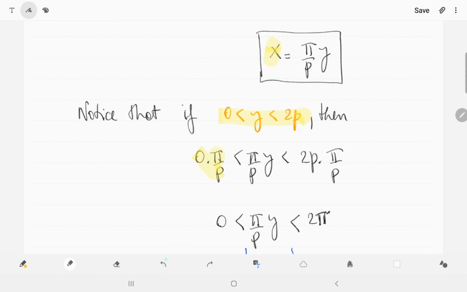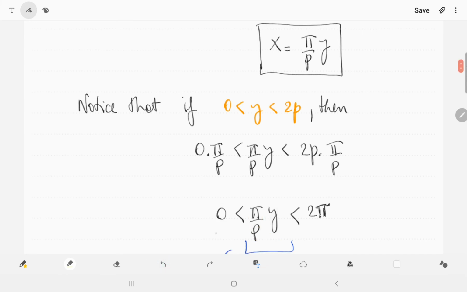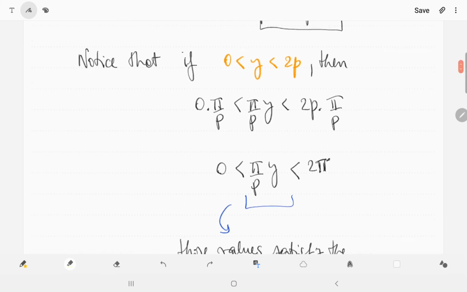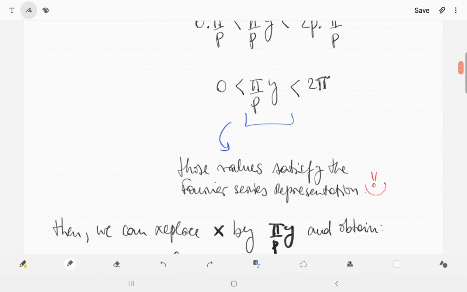So we have that for every y in this interval, 0 to p, this new guy, pi over p times y, belongs to the interval 0 to pi, which is exactly the interval where we have the Fourier representation of f. So those values satisfy the Fourier representation of f.